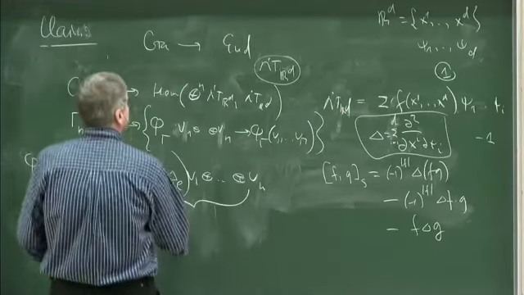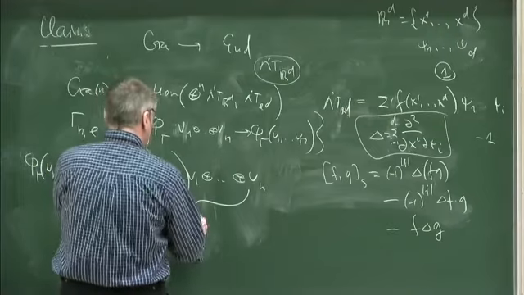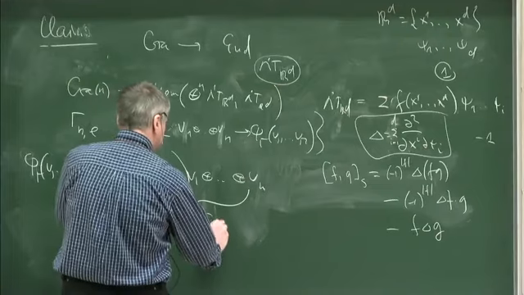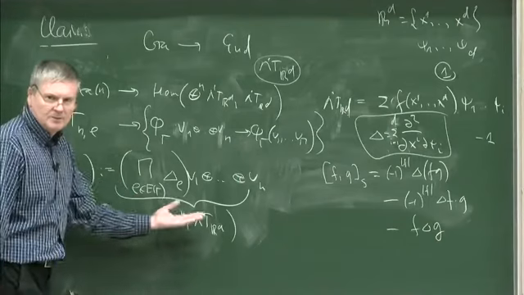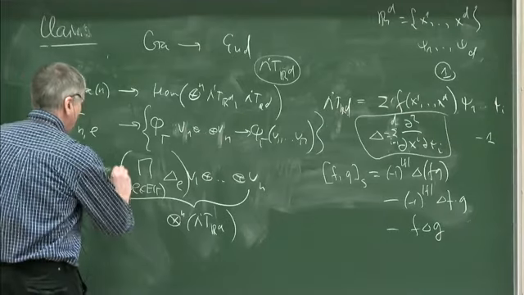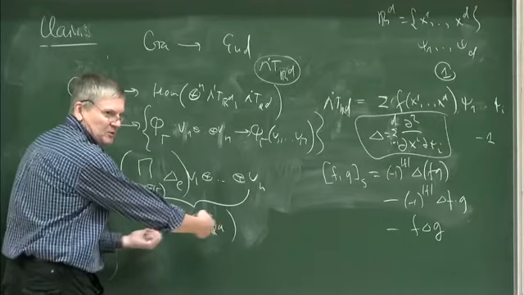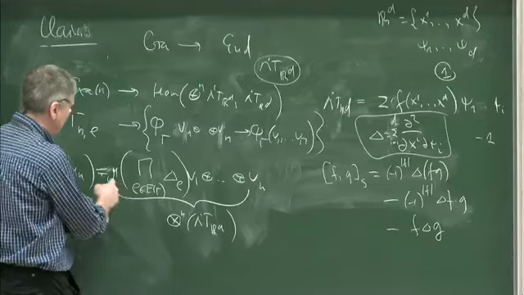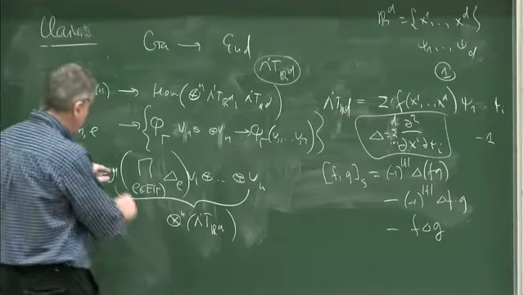This will be an element, still in the nth tensor power of polyvector fields, a sum of terms. And then you simply apply the operation mu, the multiplication in polyvector fields. What is delta_E here? I will define it. Let me just simply start with mu.